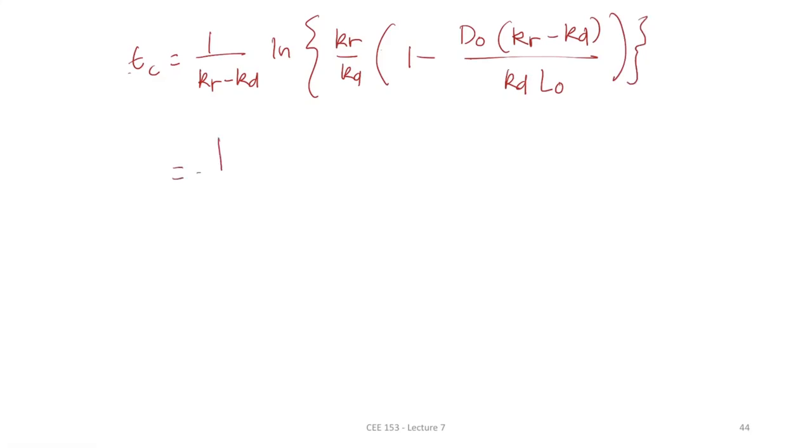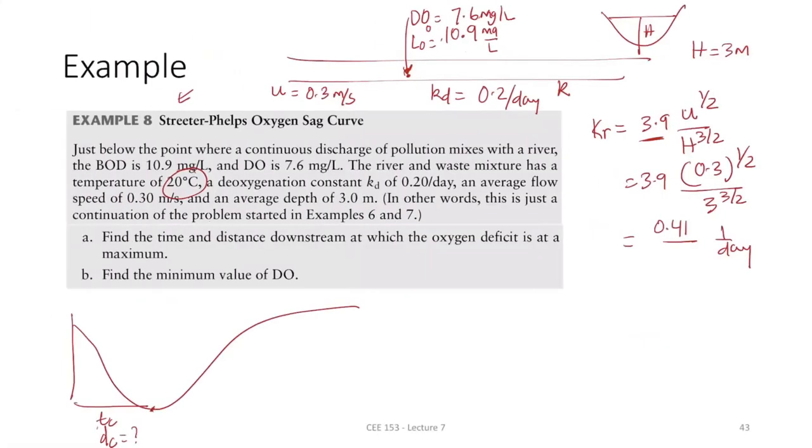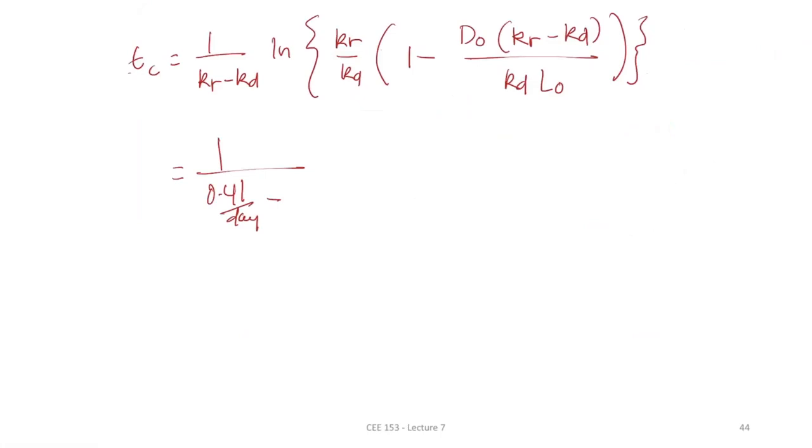So let's see, KR we just calculated as 0.41 per day. KD, this is given, is 0.2 per day. Ln of 0.41 per day divided by 0.2.